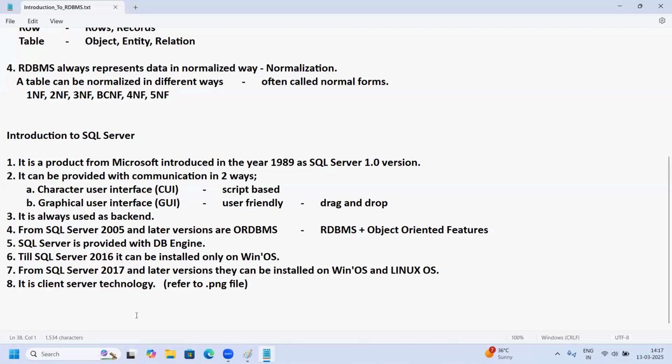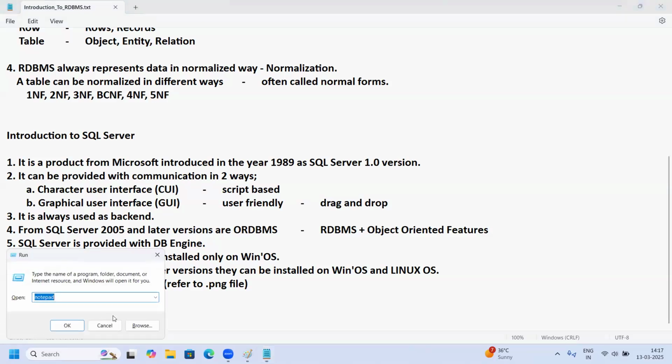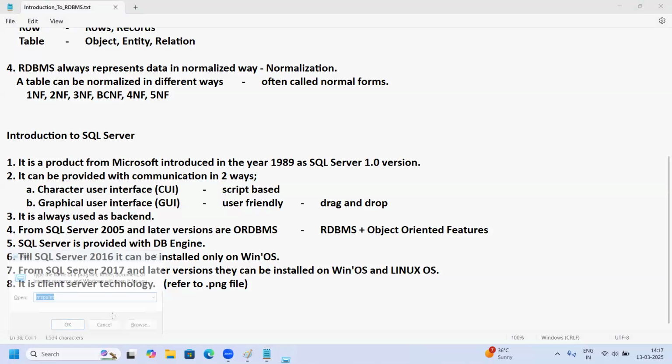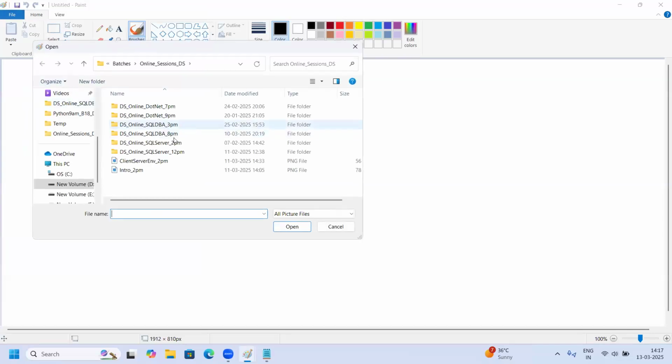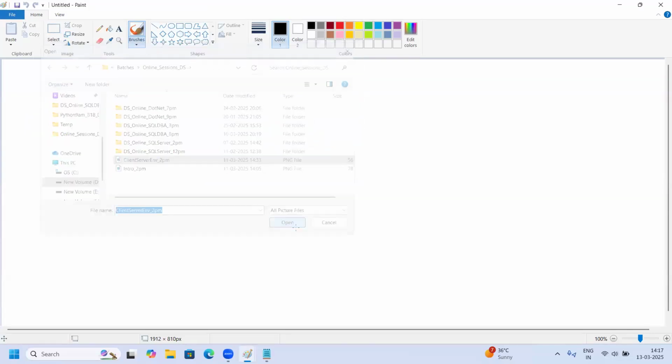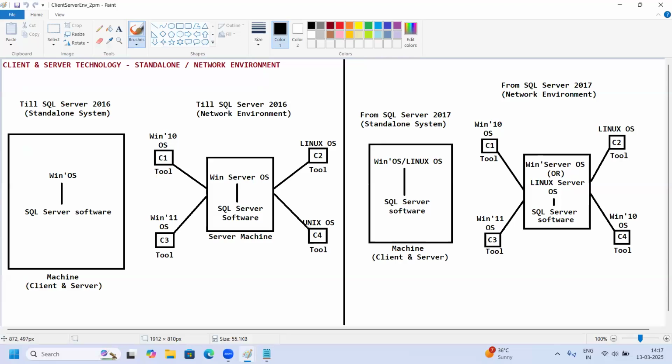And in introduction to SQL Server, the most important point that we discussed was about client server technology. Yeah, I'll show you that part also. How client server technology was till SQL Server 2016 and what Microsoft has done from SQL Server 2017. Right? That comparison I had there.